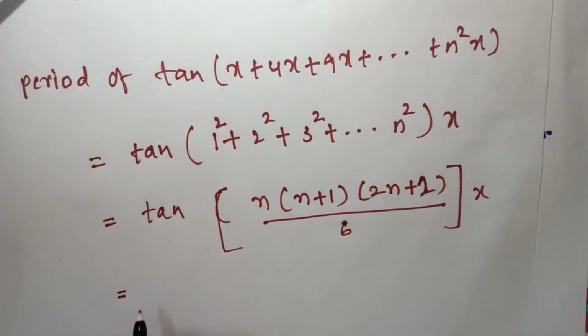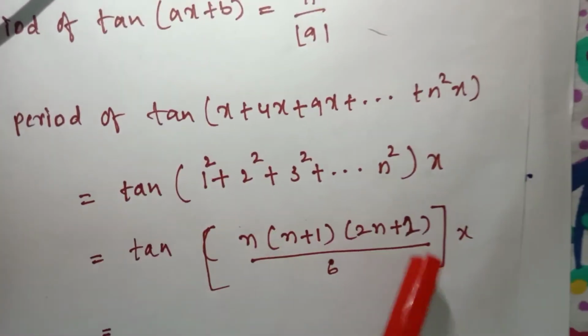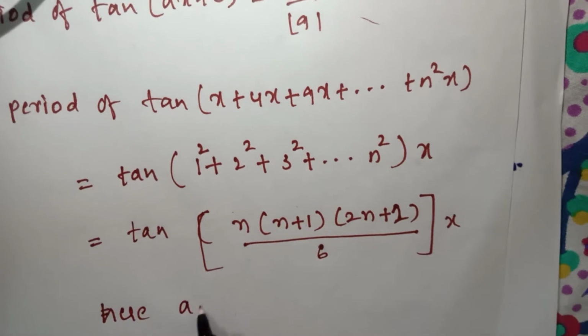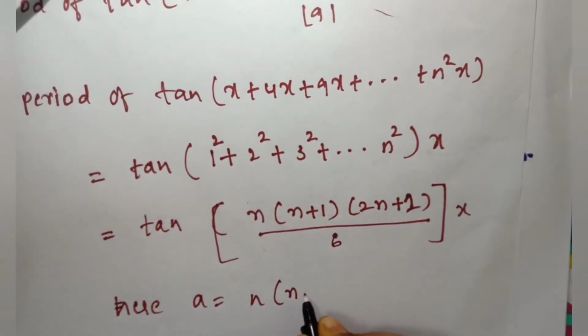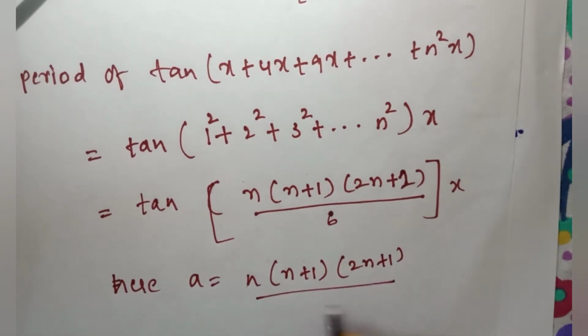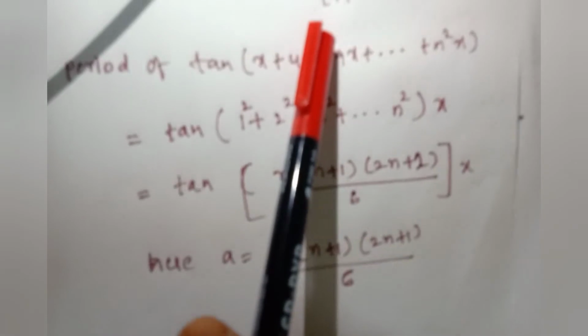See here, the a value is the x coefficient, this total value. Here a is equal to n(n+1)(2n+1)/6. So the formula is π divided by |a|.